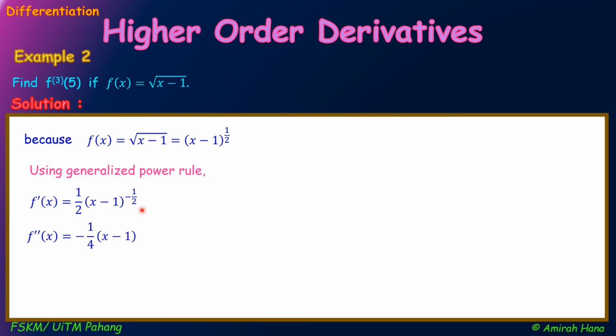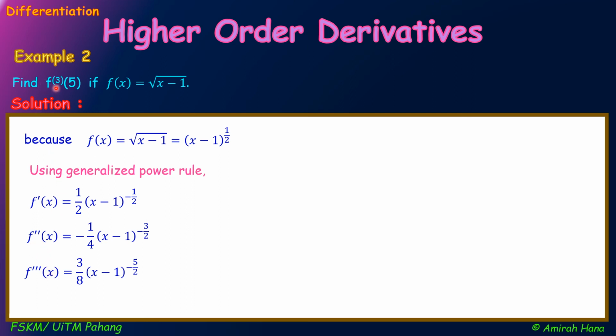Alright, and then from f prime x, we can differentiate again, and the symbol becomes f double prime x. We can use the same technique, the generalized power rule, so we get negative 1 over 4 times (x minus 1) to the power of negative 3 over 2. Then we can continue with f triple prime x, which we get by differentiating f double prime x.